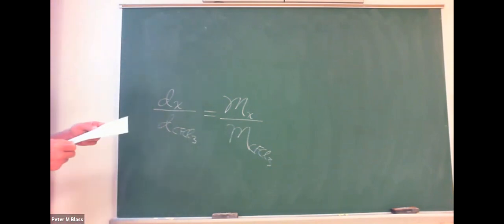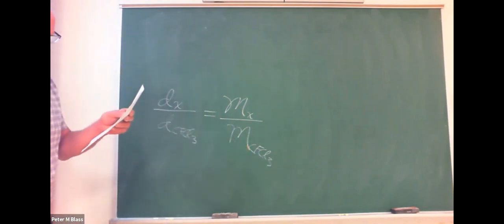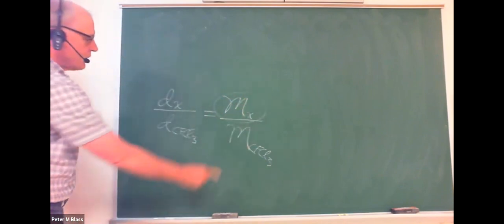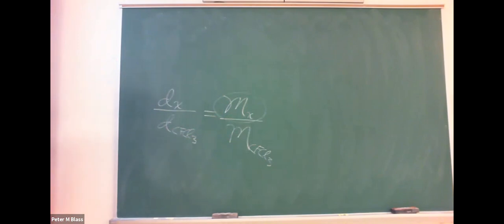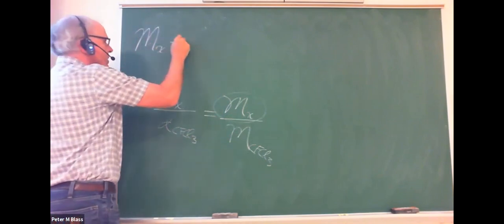For Freon we know 5.58, and the molar mass of the Freon was 137.37. The molar mass of X is what we want to solve for. So I'm just going to multiply both sides by the molar mass of the Freon.